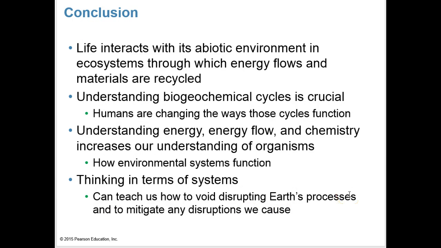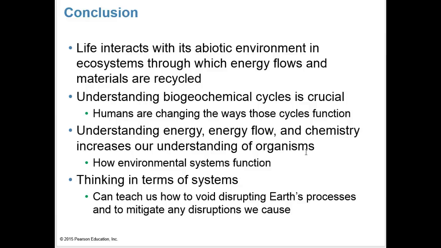In conclusion, life interacts with its abiotic environment in ecosystems through which energy flows and materials are recycled. Understanding biogeochemical cycles is crucial to help us understand ecosystems, and humans are changing the ways that those cycles function, sometimes a great amount for the worse. Understanding energy flow and chemistry increases our understanding of organisms and how environmental systems function.